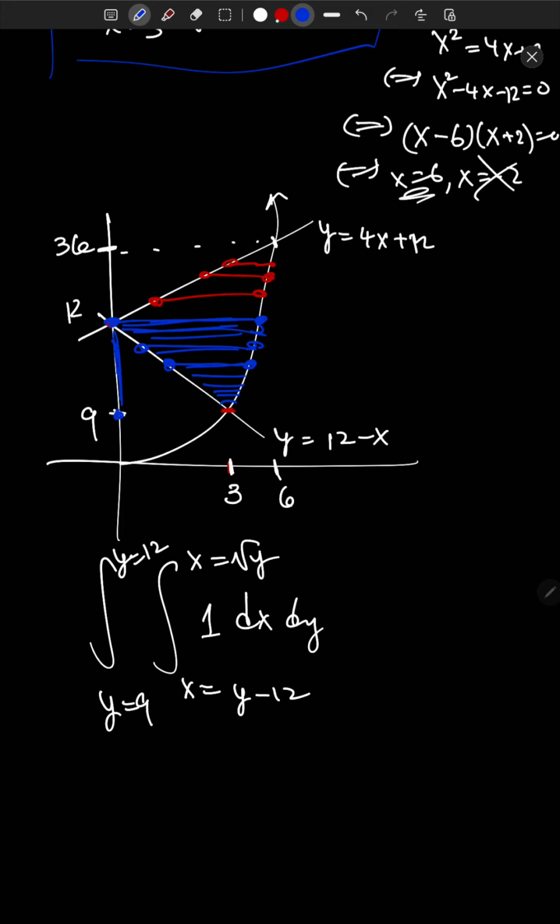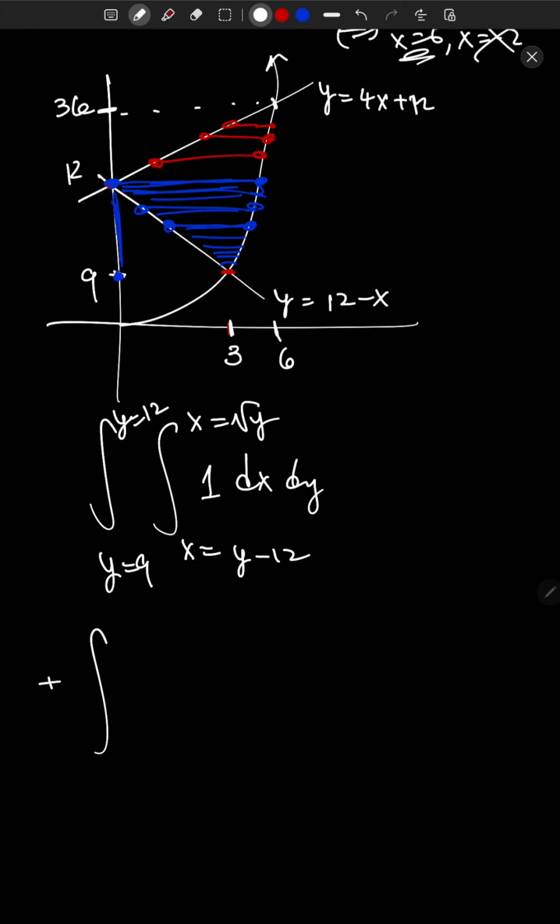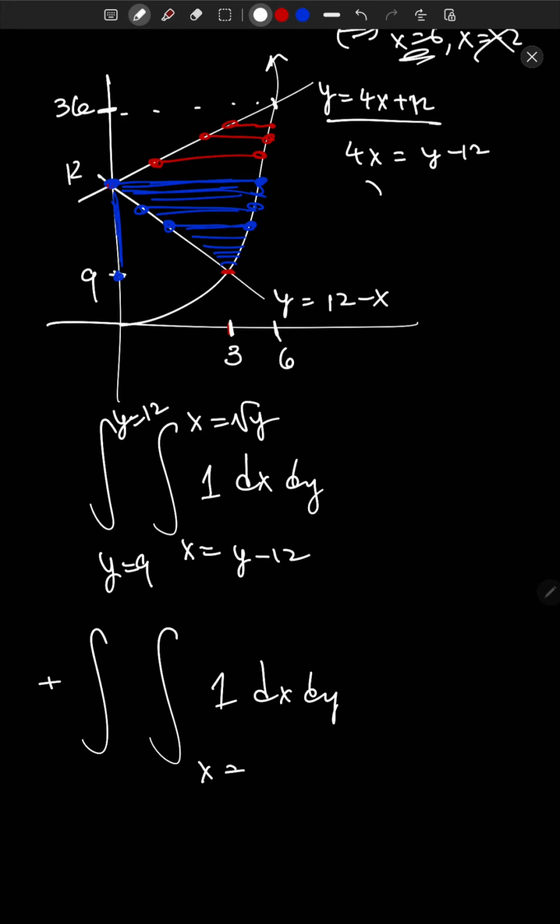So this region here. And then for the second integral, we're going to be doing 1 dx dy. x equals the line. So our line is y equals 4x plus 12. So 4x is y minus 12. So x is equal to 1/4 y minus 3, right?